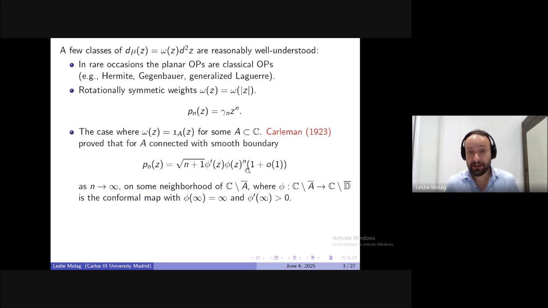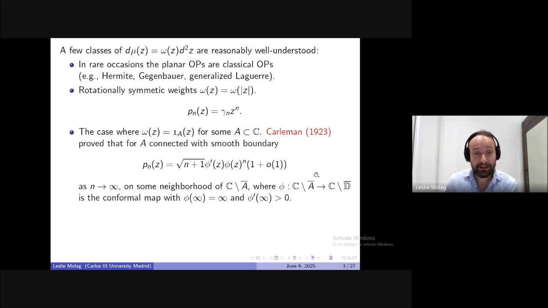I should explain a few things here. Here, phi is the map from the complement of the set A, or rather the closure of A, to the exterior of the closed unit disk. We know that there is a conformal map like this, and with these normalization conditions that fix what this map is, so that phi of infinity is infinity and the derivative should be positive.